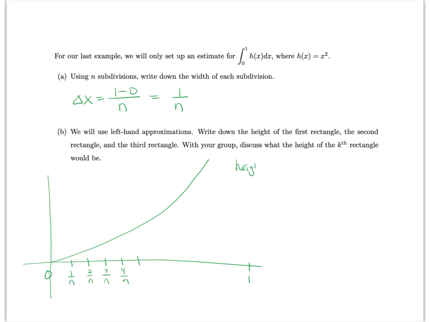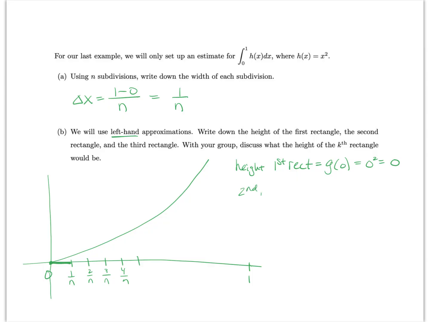So the height of the first rectangle is going to be g of 0. Because my first interval is right here, and we're using a left-hand approximation this time. So the height is the height of the function at the left endpoint, so g of 0, which is 0 squared, or 0.